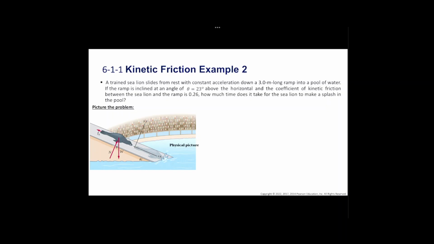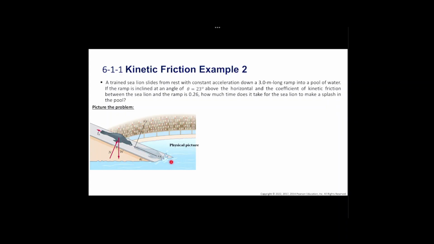Now we first have to choose the axes. On an inclined surface, we choose one axis to be parallel to the surface, and the other axis perpendicular to it. Therefore, the sea lion accelerates in the positive x direction, so the acceleration in x direction is greater than 0.